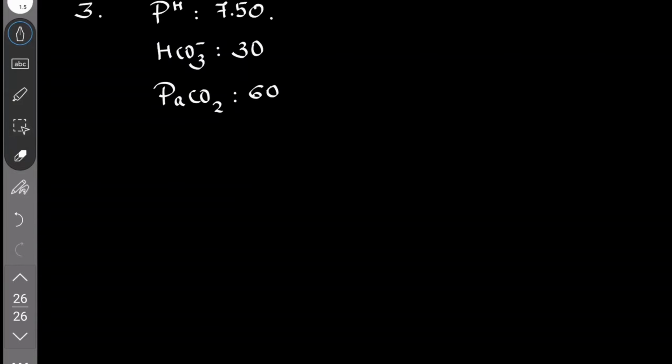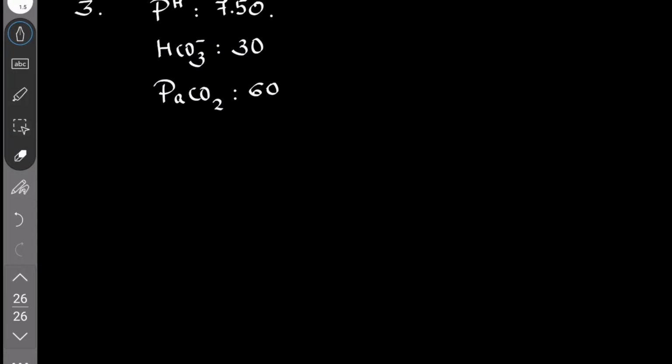Next, the third question comes as pH is 7.50. The bicarbonate is 30, and PaCO2 is 60. These are the given values. We check. The pH has increased. The bicarbonate has increased. The PaCO2 has also increased. So it is metabolic.